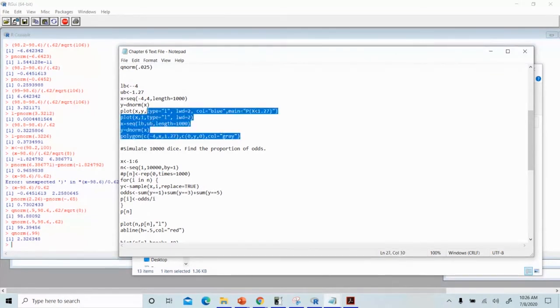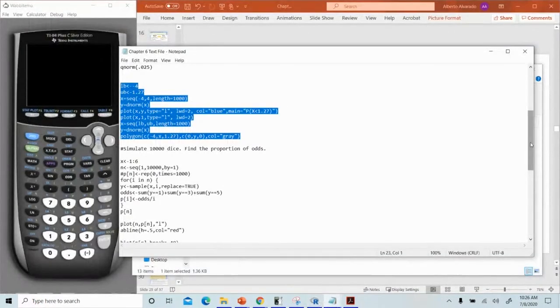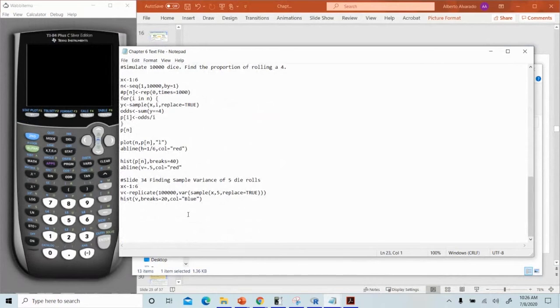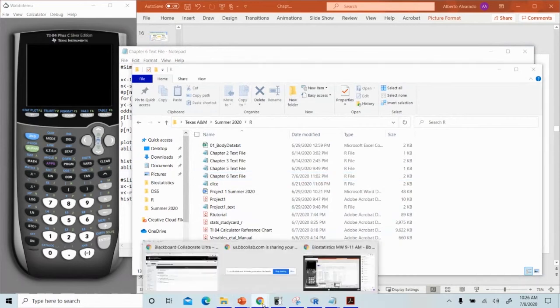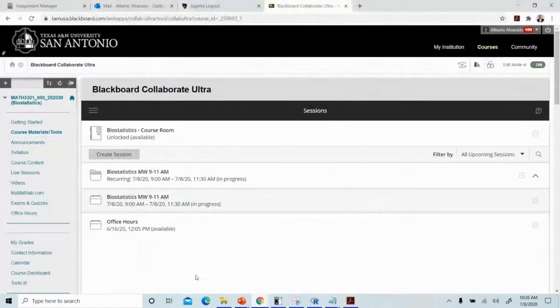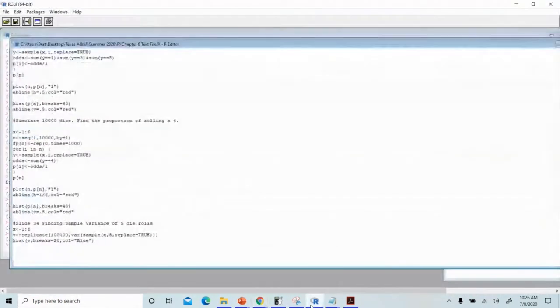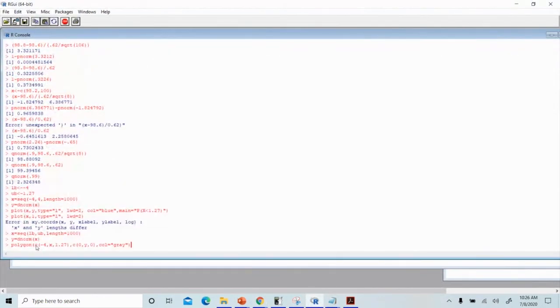Okay, I'm gonna copy and paste this. I'm gonna do this right now. There it goes. Okay, so I'm just going to copy and paste that.